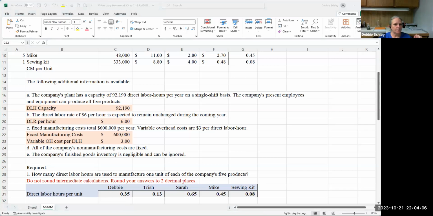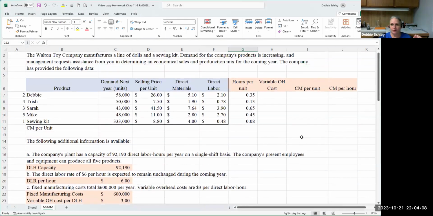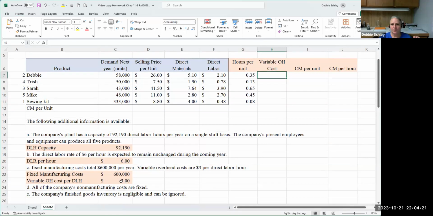Okay, so another thing I want to figure out is my variable overhead cost. And remember, this is $3 in my problem based on direct labor hours.